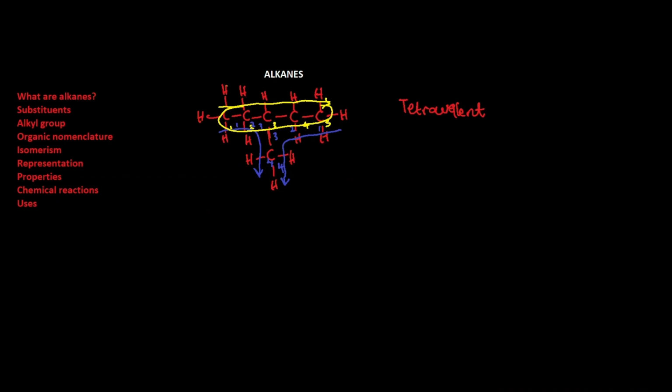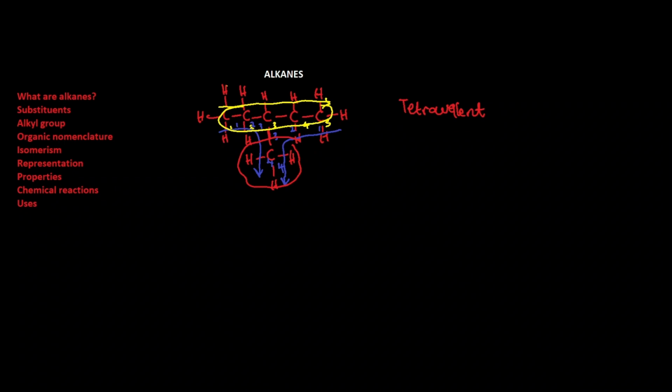Now, after identifying the longest chain, the next thing we want to do is to identify the substituent. And I earlier stated that the substituent is any other constituent element or group of elements that is not part of the continuous chain. In this case, we have this group of elements that are not part of the continuous chain.